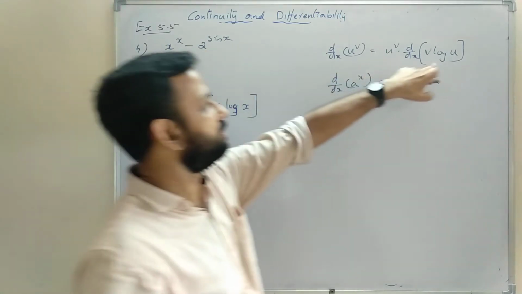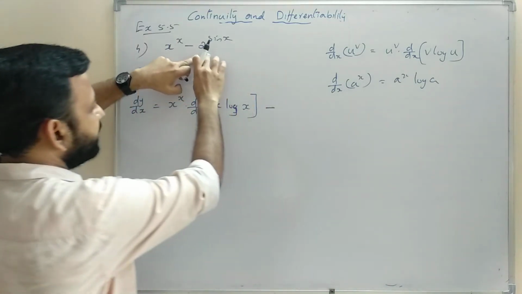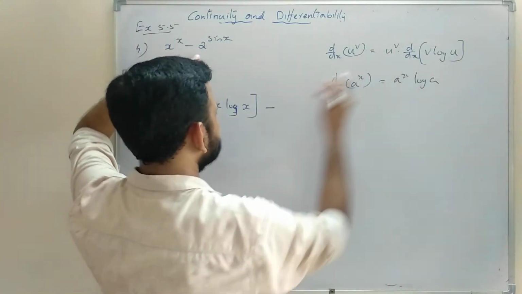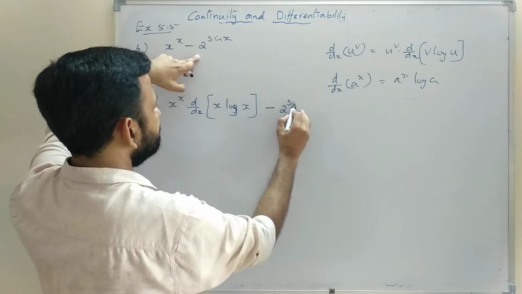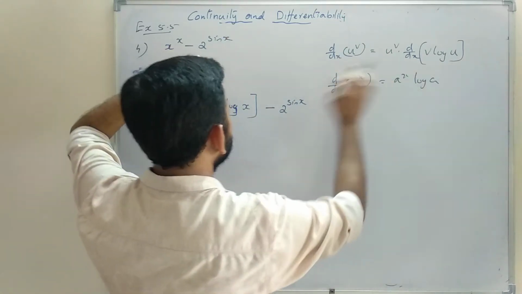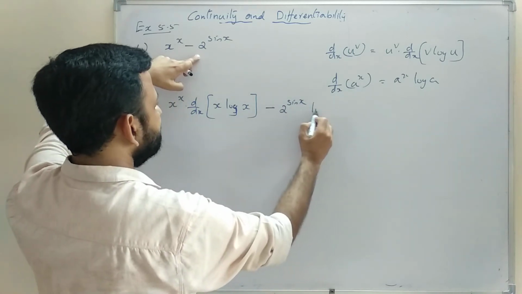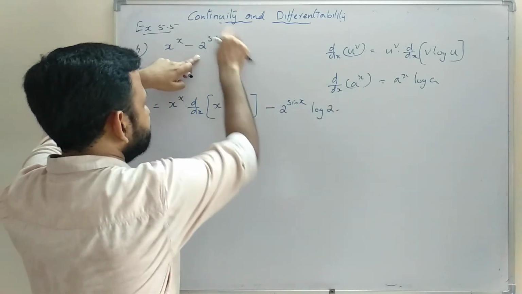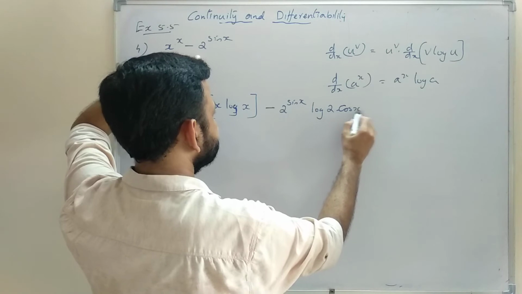That part is over. Minus d by dx of a raised to x is a raised to x log a, that is 2 raised to sin x log 2 into the derivative of sin x, that is cos x.